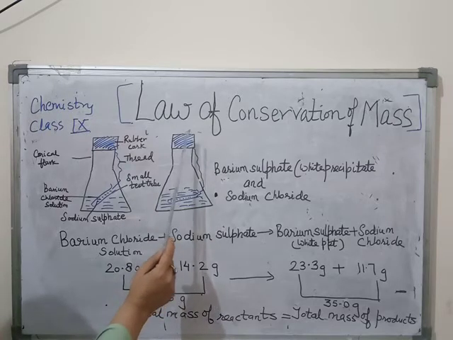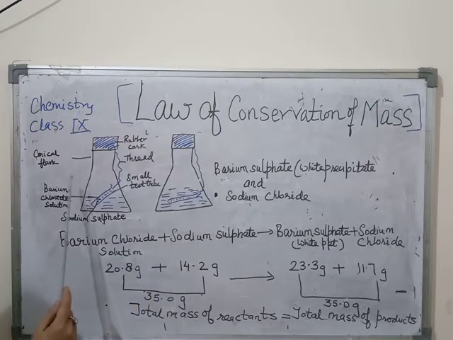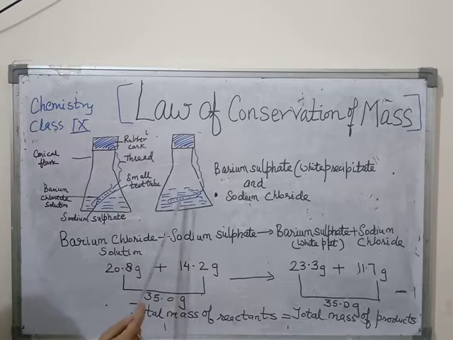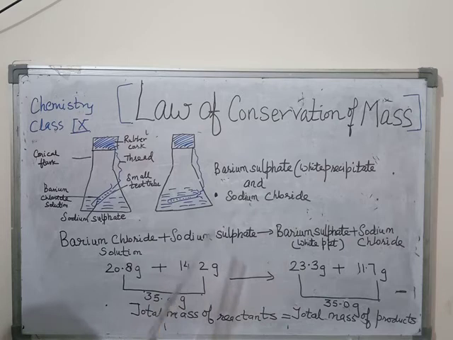And then loosen the thread so the test tube drops into the conical flask. The barium chloride solution and sodium sulfate react together to form a white precipitate of barium sulfate and sodium chloride.